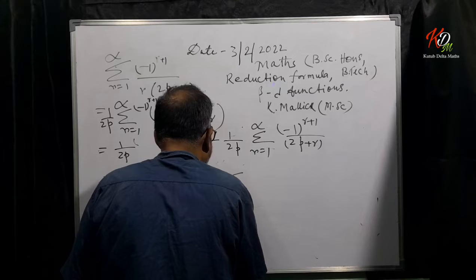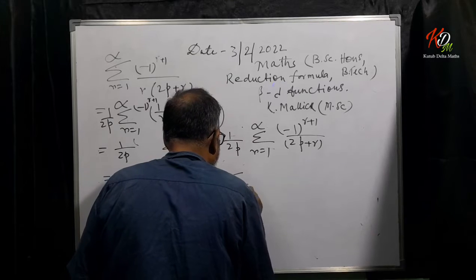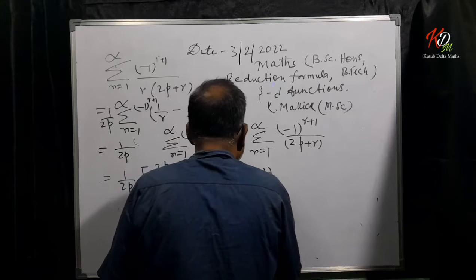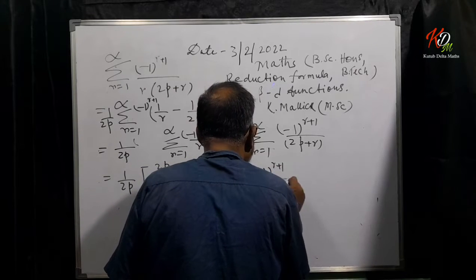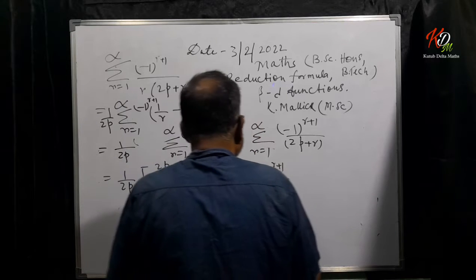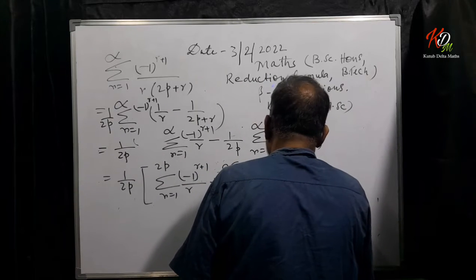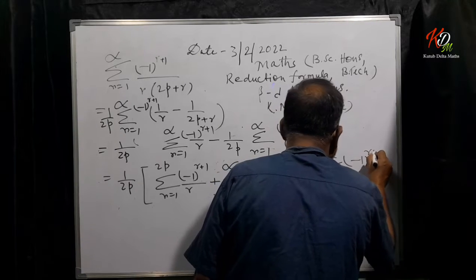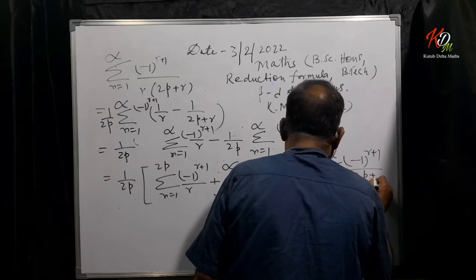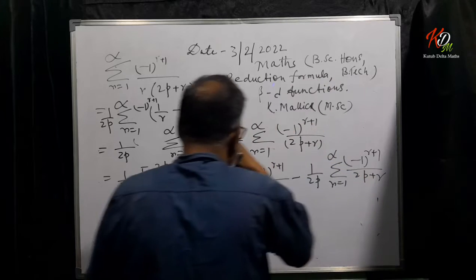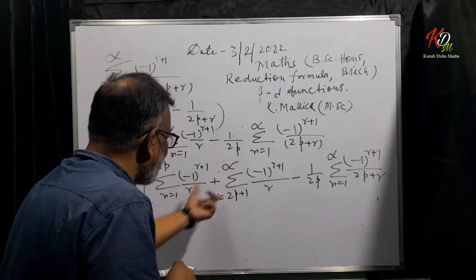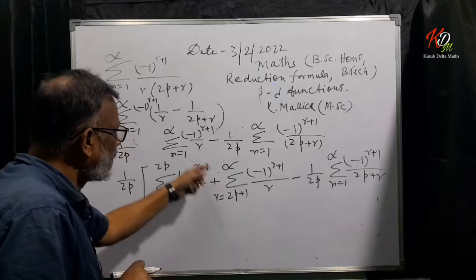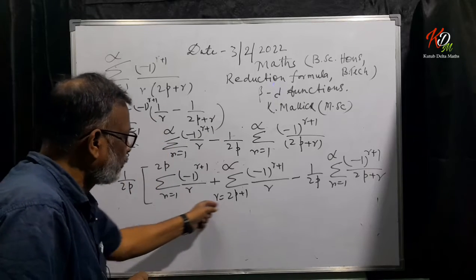Next, breaking r from 2p plus 1 to infinity, minus 1 whole to the power r plus 1 by r, minus 1 by 2p summation r from 1 to infinity, minus 1 whole to the power r plus 1 by 2p plus r. This is a very interesting matter. Breaking into two portions, it is equal to this portion.